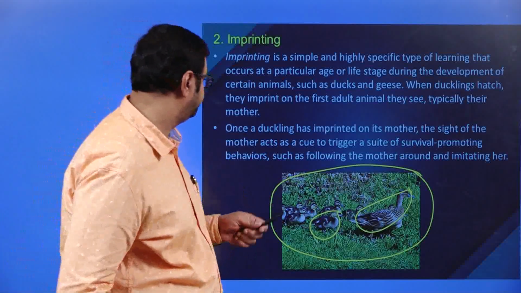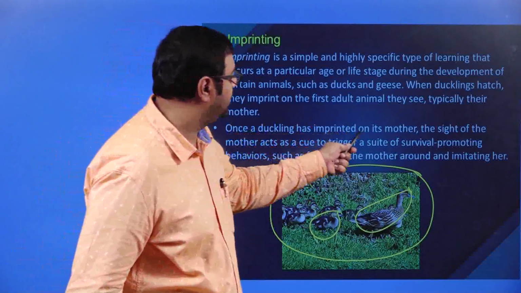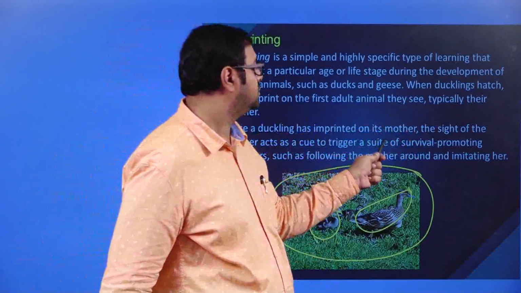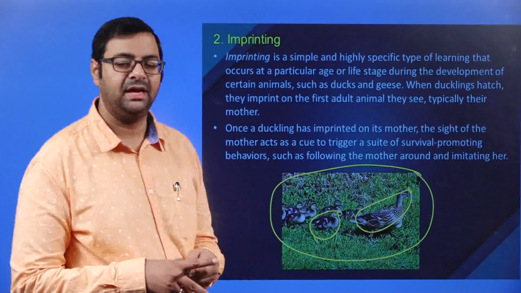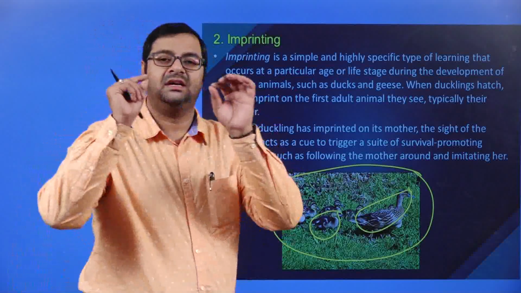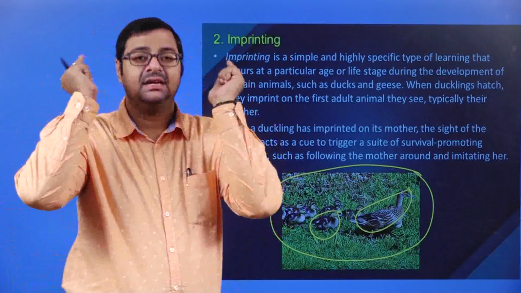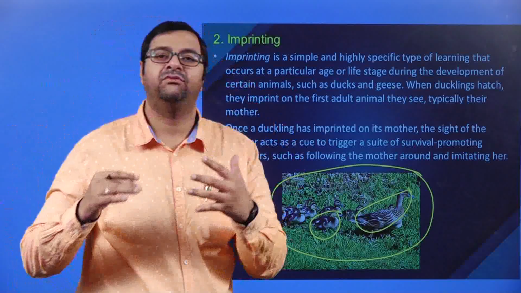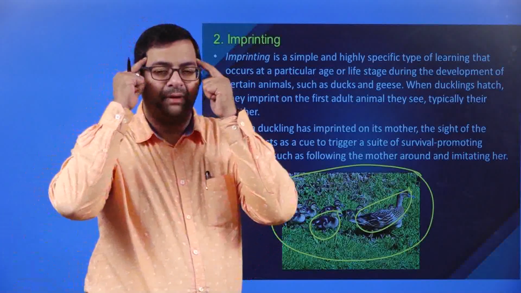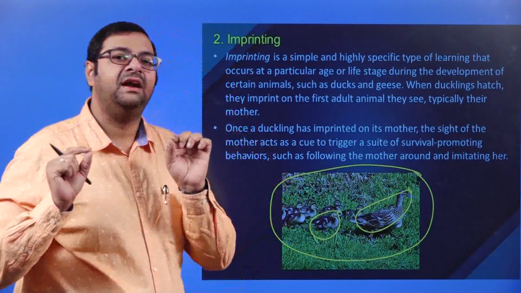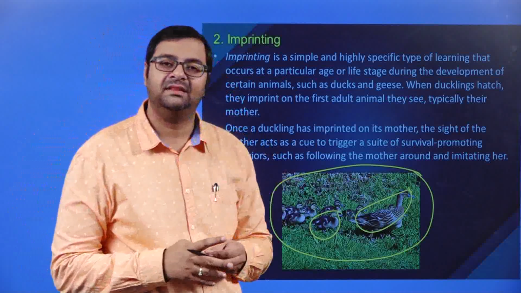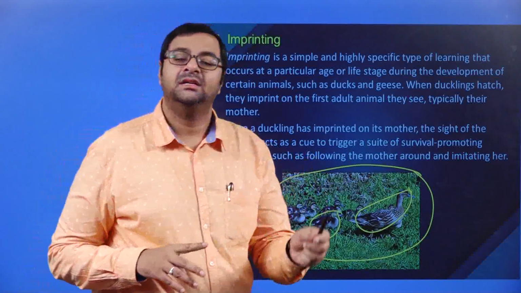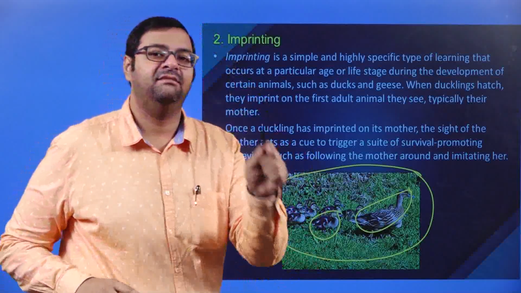Now once a duckling has imprinted on its mother, the sight of the mother acts as a cue to trigger the suite of survival promoting behaviors. So once the duckling in its brain has set that she is my mother and I have to follow her, then whenever and wherever the duckling sees the mother, a trigger is sent that if I have to survive, I have to stay with my mother.